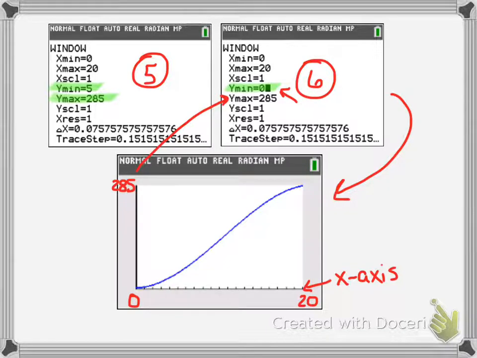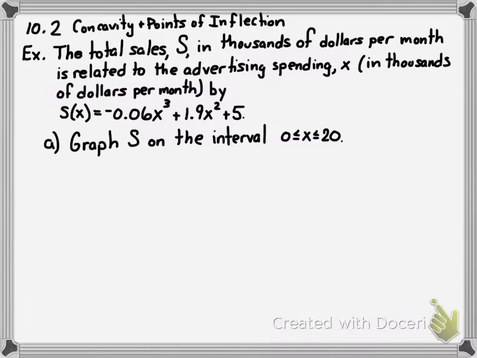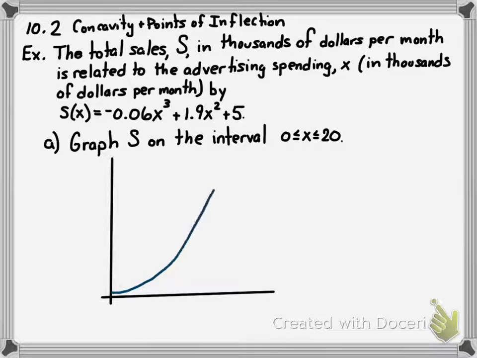Alright, so keeping this picture in mind, I'm going to go back and draw this function on the first page. Okay, so we have our picture on the graphing calculator, and now we're going to try and sketch that on the first page. And so we want to graph S on this interval, and the picture looks something like this. Now, once I have the picture, I also want to include some labels on my axes.